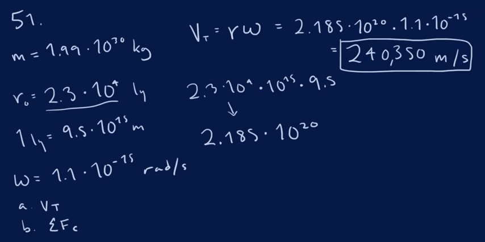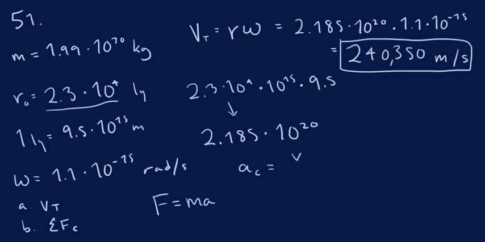So if we remember back to, I think, chapter 5, when we talked about centripetal acceleration, F equals ma. So we want to look at centripetal acceleration, which is v squared over r.